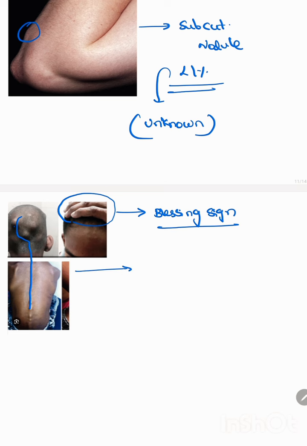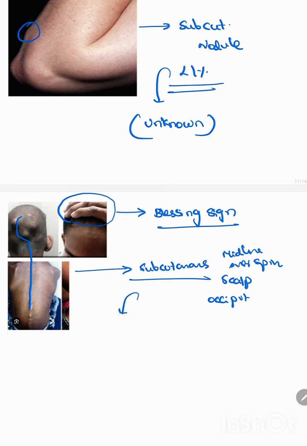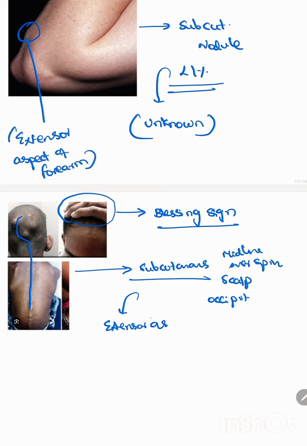Subcutaneous nodules are seen at the midline over the spine, scalp, occiput, and also in the extensor aspect of the forearm.